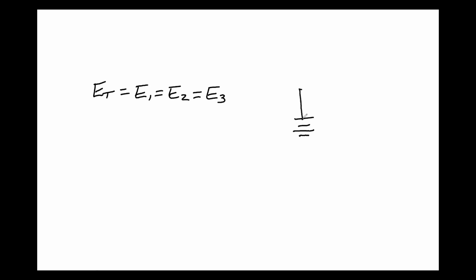So if we have a power source, a battery, and here a resistor, that's just a simple circuit.